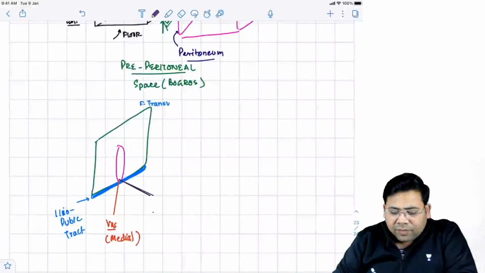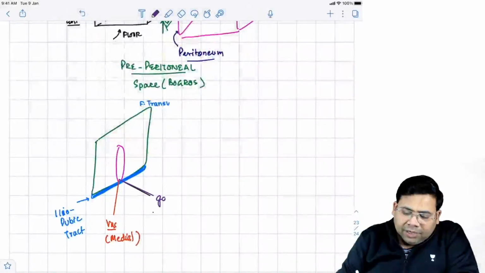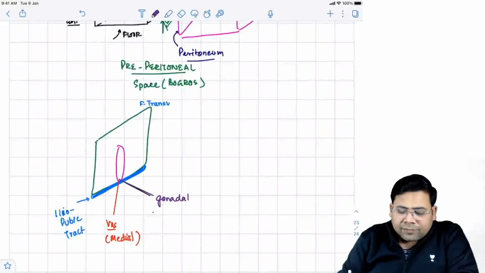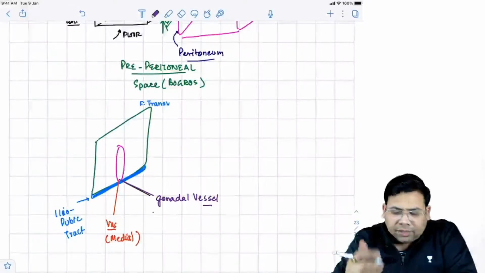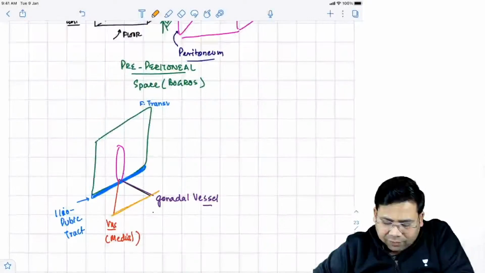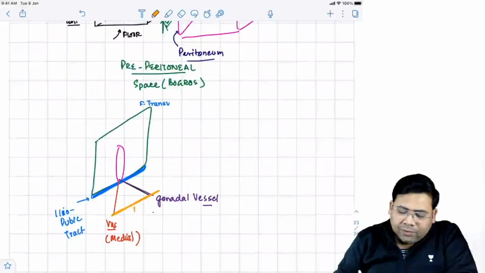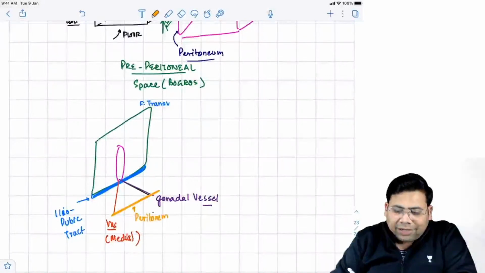Are you getting this or no? So these are the gonadal vessels, present laterally. But you like it or you don't like it, in front is fascia. So behind, the boundary will be made by whom? It will be peritoneum. Can you appreciate one triangle here?